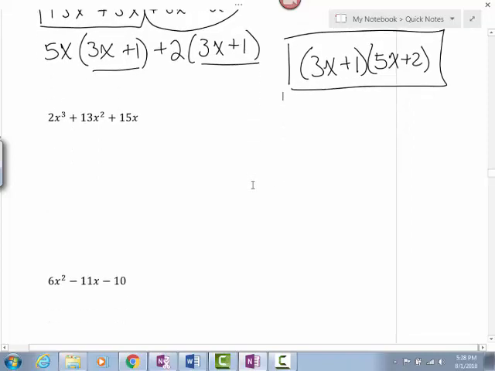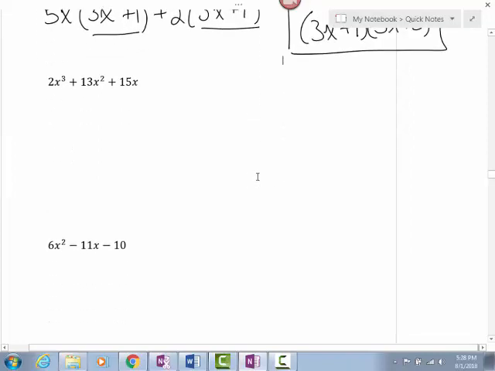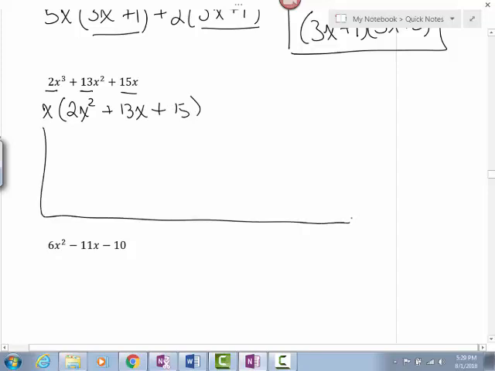All right, let's go ahead and try this next one here. So, again, I'm going to underline all three. First thing I notice is, hey, we can take out the letter x. Now I have a 2x squared and a 13x and a 15. And I'm going to bring my x down over here.